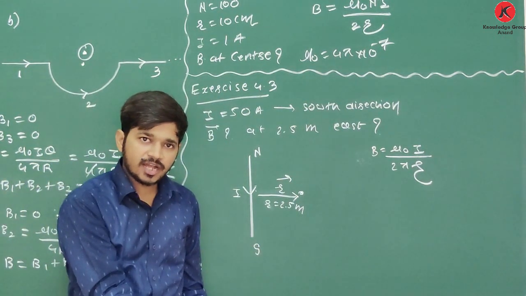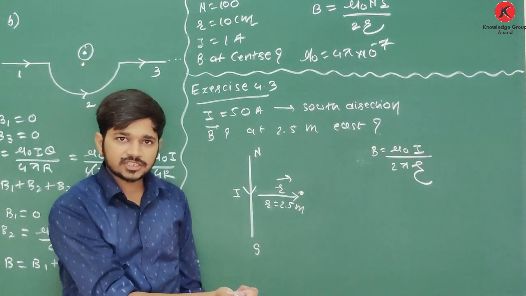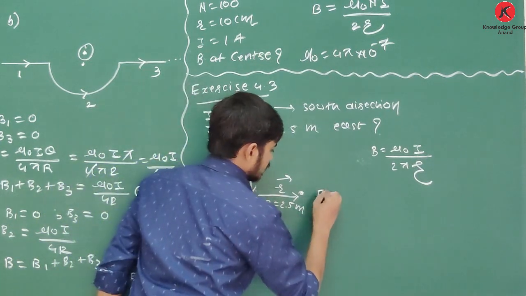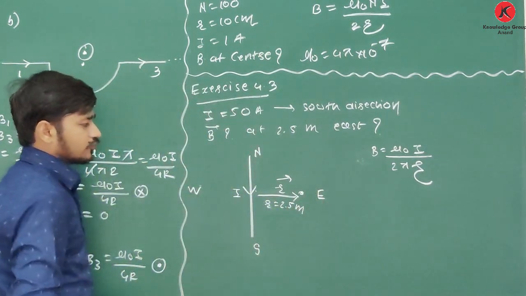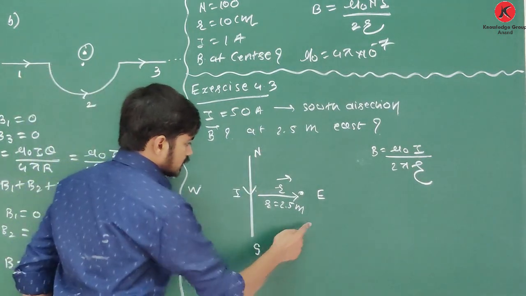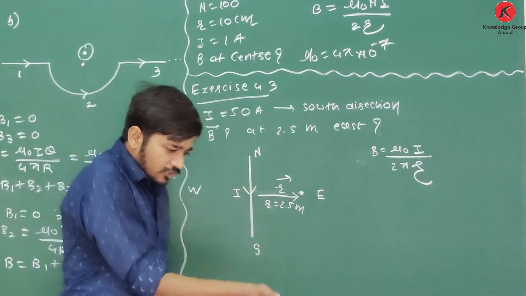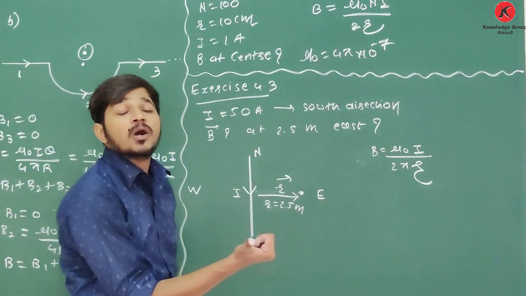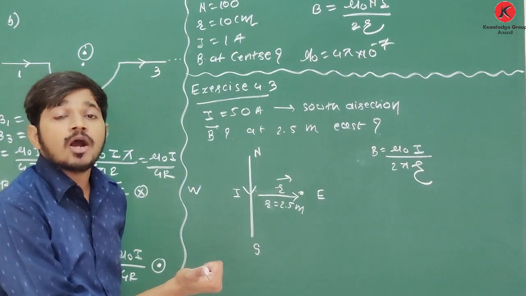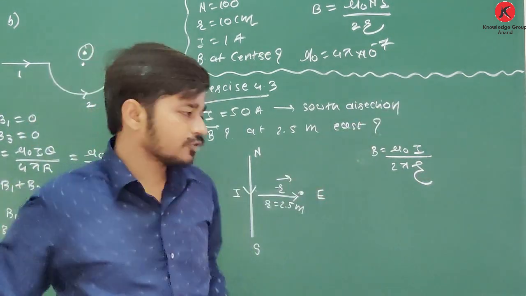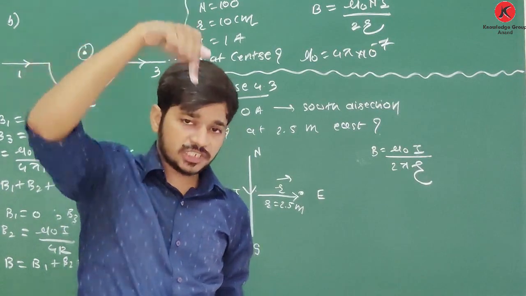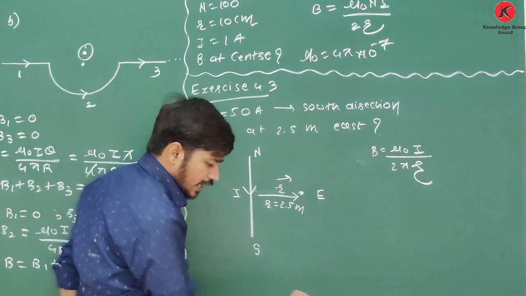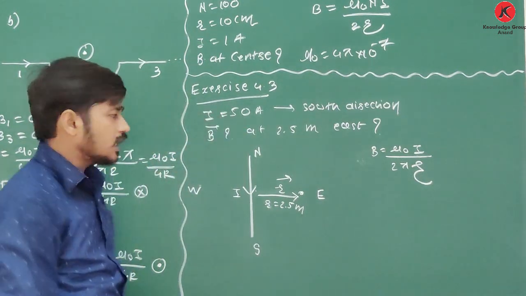Current is going in this direction, and I cross R means in this direction. Here it is north, south, east, and here it is west. Current is going in this direction, the position vector in this direction, so I cross R is in this direction, which means upwards, vertically upward.